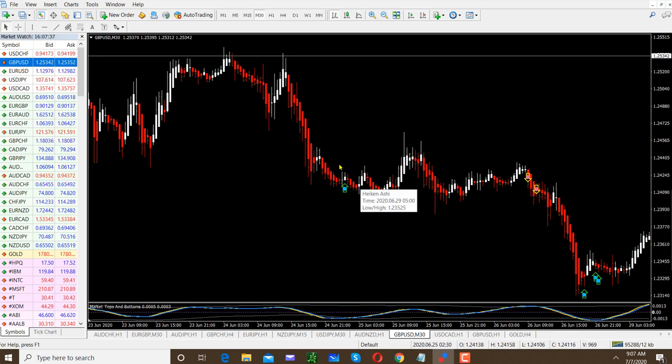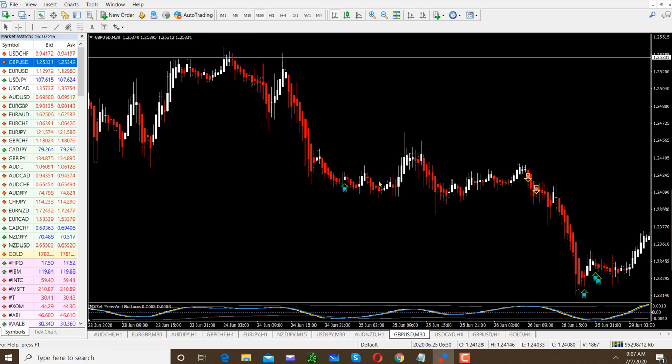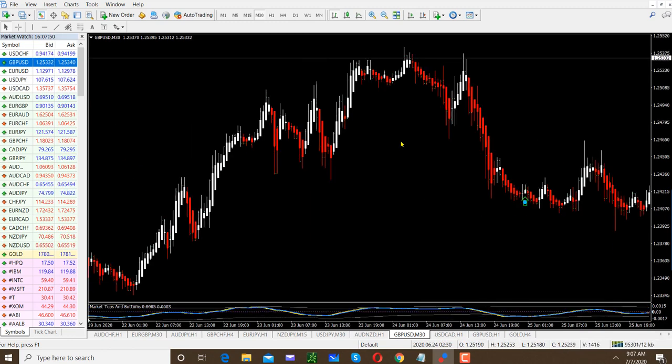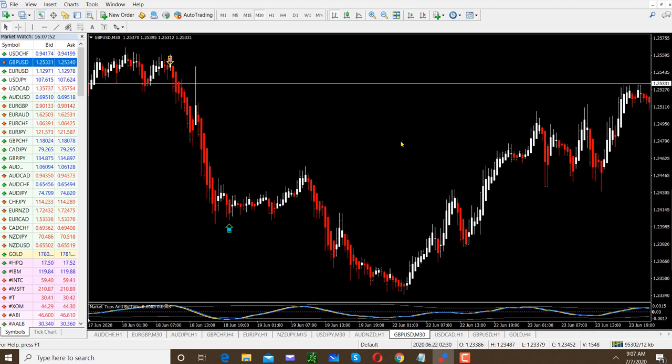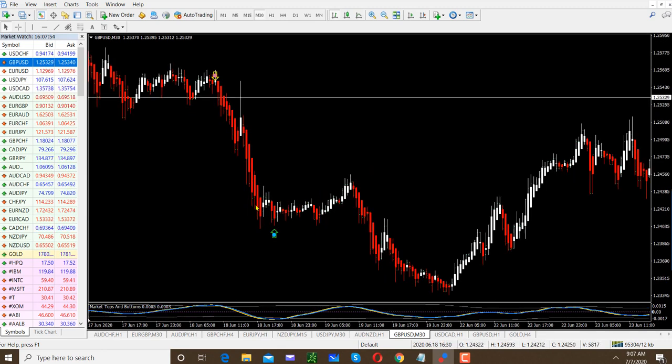Sometimes you'll get this situation where it gets the arrow, you'd be filled over in this area here, but it doesn't go your way right away. Eventually it does go up like, I don't know, 20, 30 pips, but then it comes down, okay? This is another one. It did catch this bottom here, but you don't know that this could have been a situation where it ran up 200 pips from here.